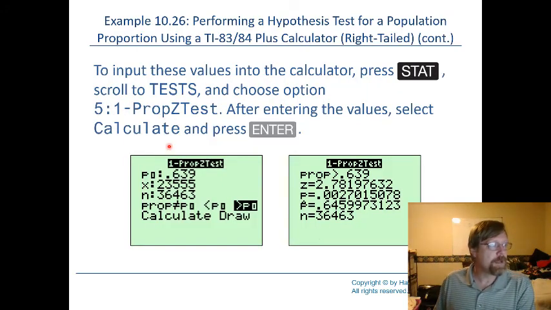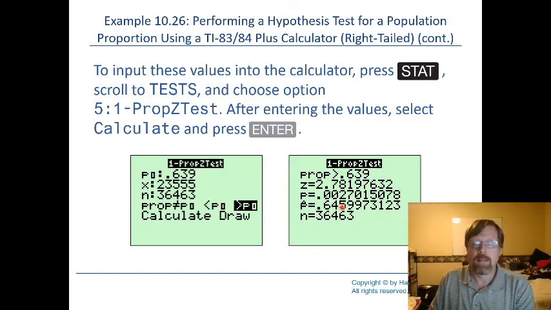We put in that 0.639 as our null value, that we're after greater than that, 23,555 for x, which meets our criteria, and 36,463 as our sample size. We get a p-value of 0.0027 and some change, and the proportion as 64.6%.